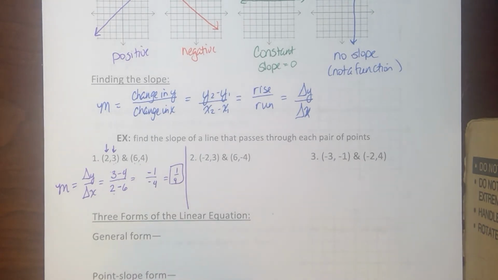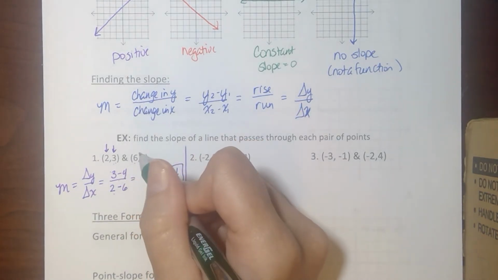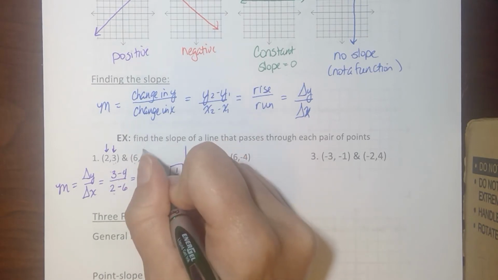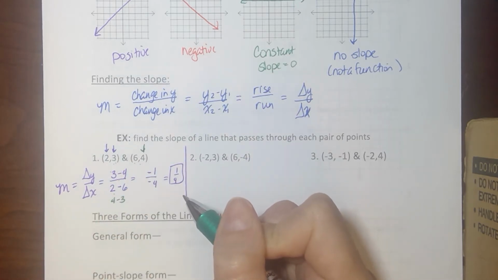Now, I emphasized that it didn't matter which ordered pair I start with. Let's do this one problem using the other ordered pair first to see what happens. Change in y. So I pick the other y coordinate. That makes my numerator 4 minus 3 instead of 3 minus 4.